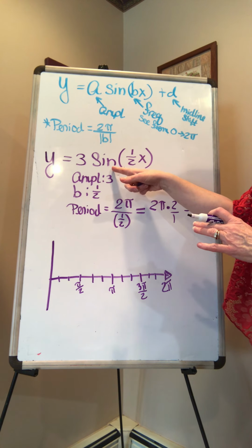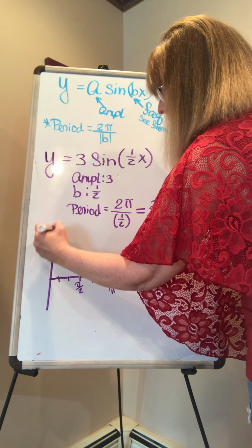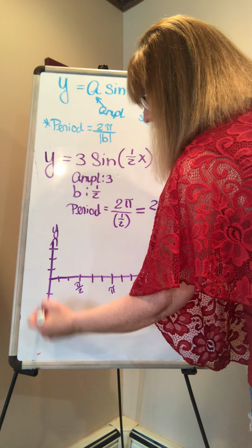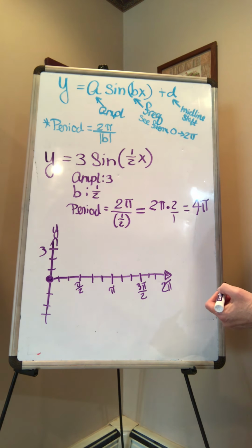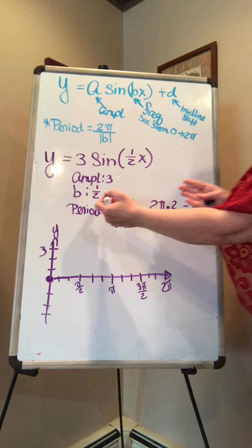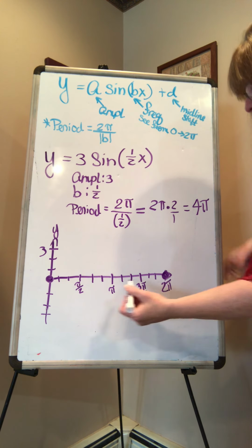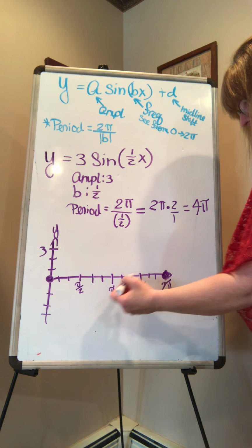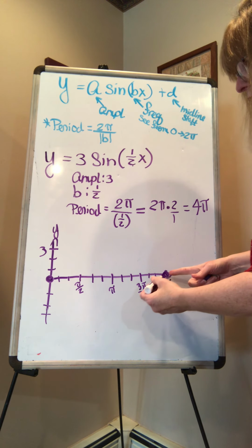So if I'm only going up to 2 pi, then I am physically going to only see half my curve. And sine begins at 0. It ends at 0, but I'm not going to see the end. The halfway point on sine is back at 0. So now I just stretched this. The 0 that would have been here just got stretched because of my horizontal stretch by scale factor of 2.